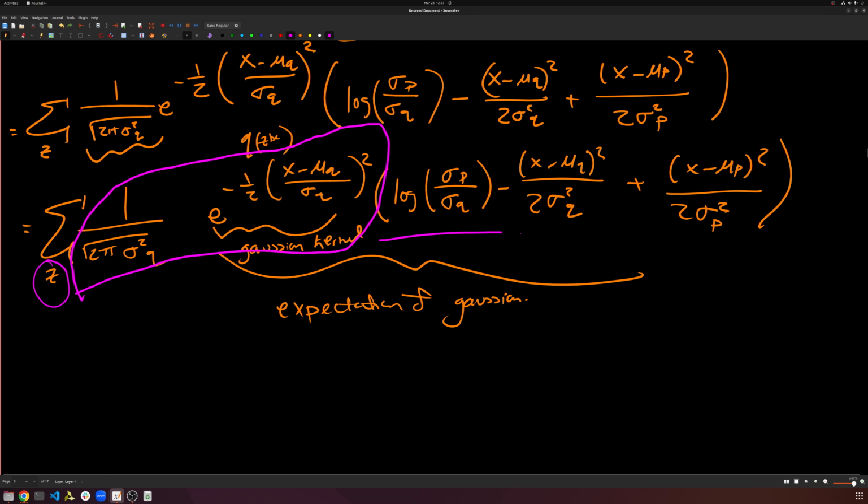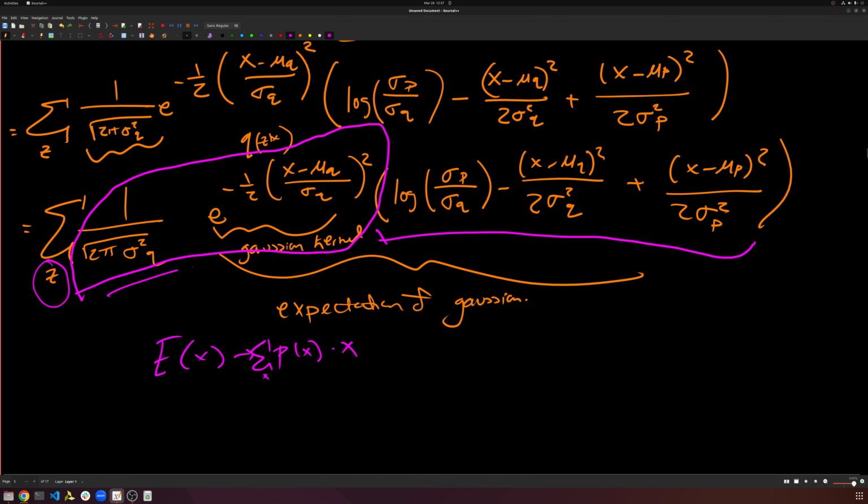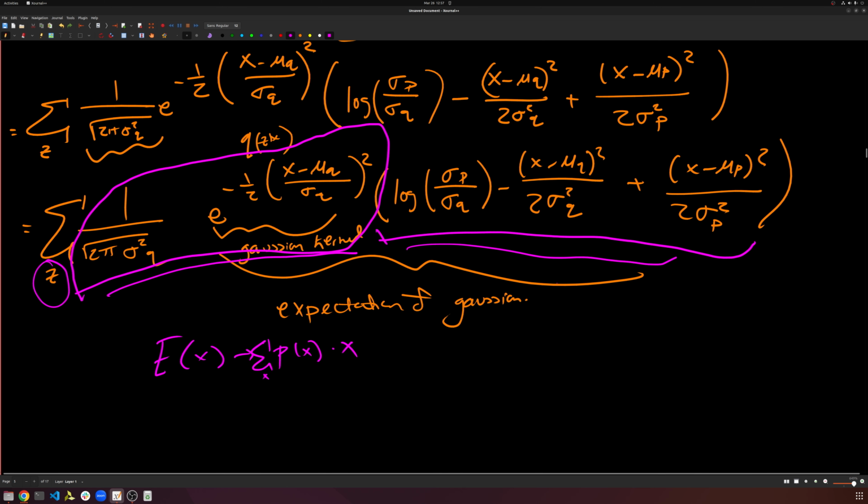And then this is the thing we're weighting. So effectively, this is still an expected value, right? The expected value of X is just the sum over X of the probability of X times X. That's our simple expectation formula. In this case, this here is our probability of X, and this is the thing that we're weighting. So this is just an expectation one more time.